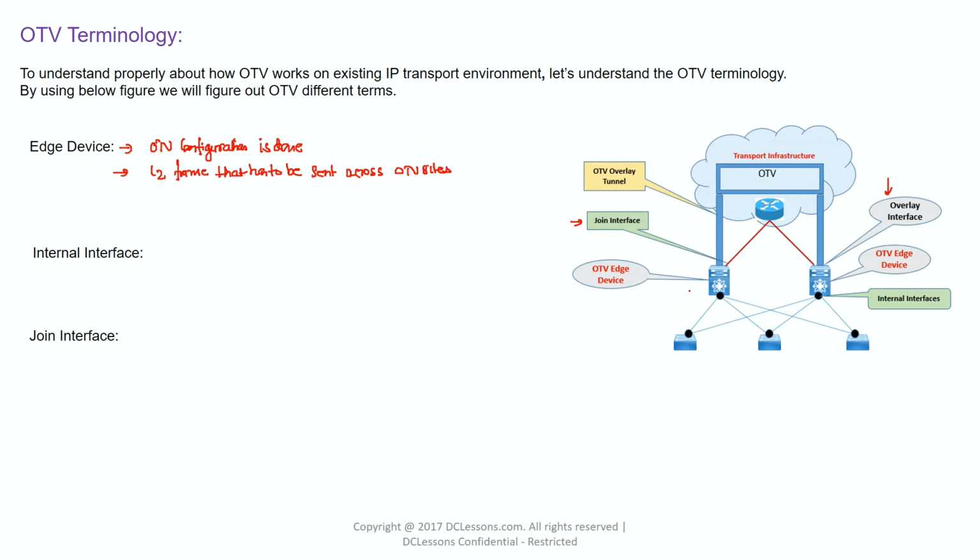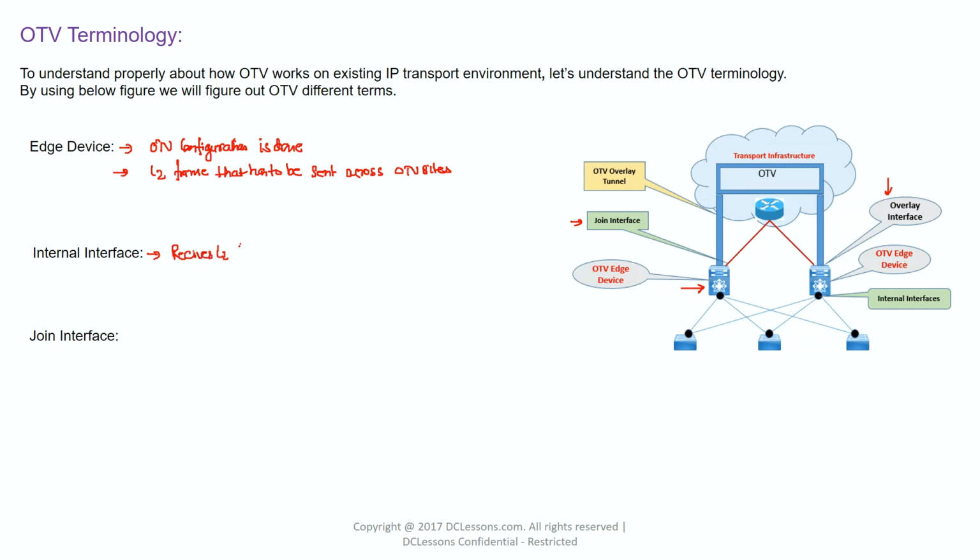In the diagram, we can see that this is our OTV edge device, over which OTV tunnels are created. This device receives the Ethernet frame, then OTV encapsulation is done, and then it is sent to the OTV sites.